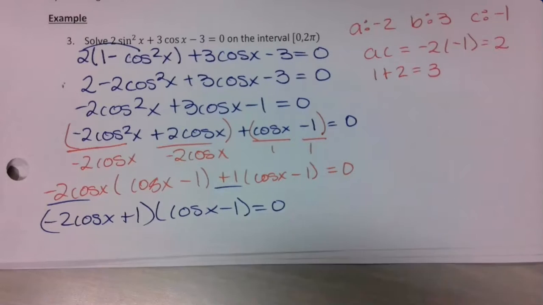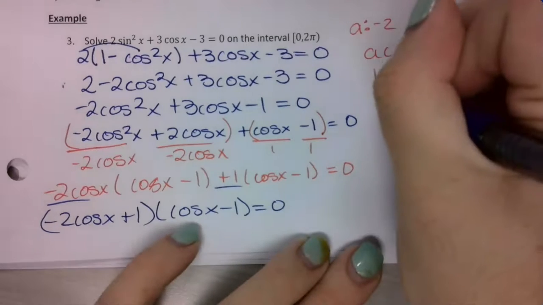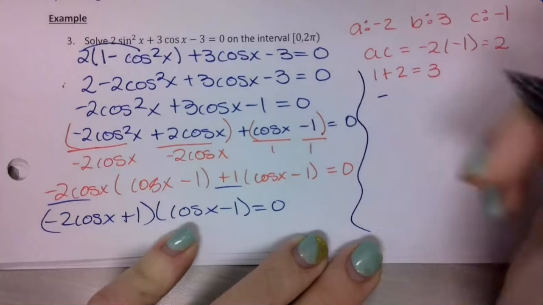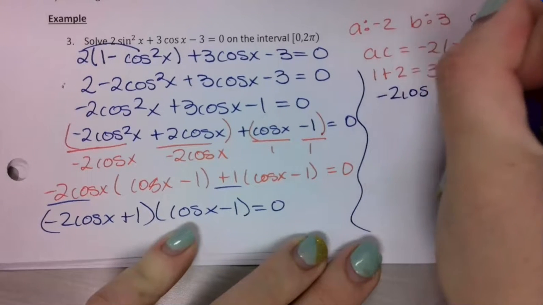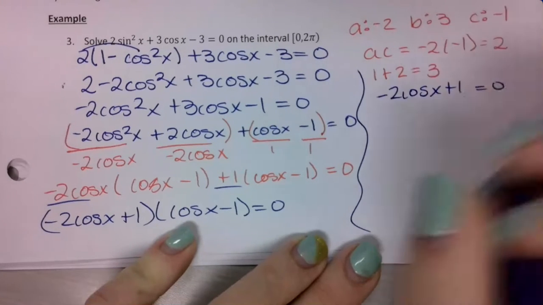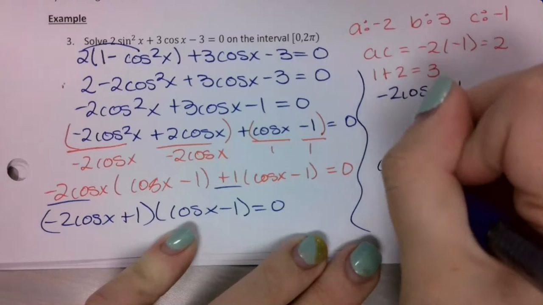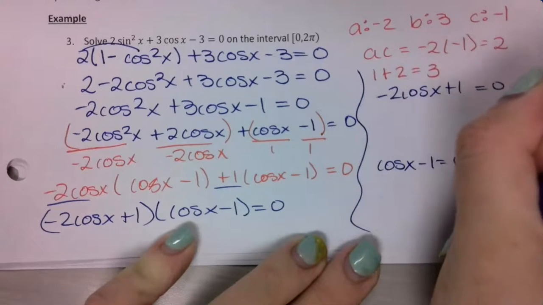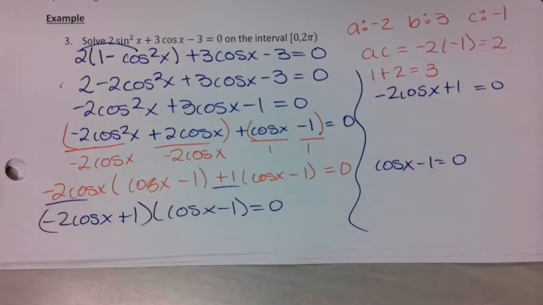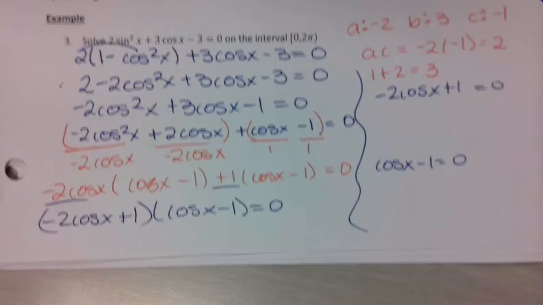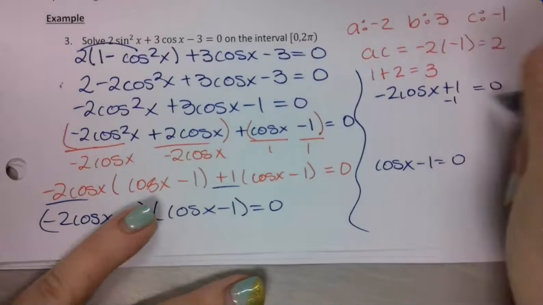Okay, so then I want to take these and set them equal to 0. For this first one, I want to subtract 1 on both sides.